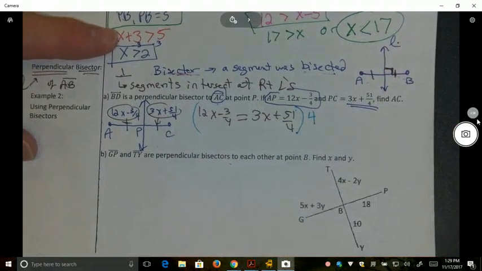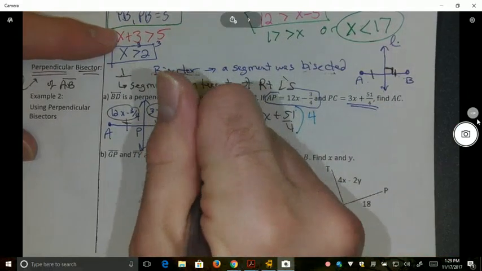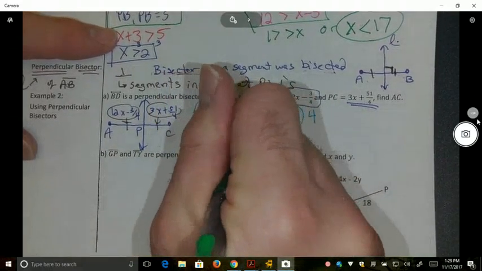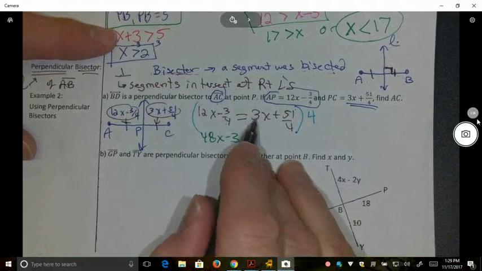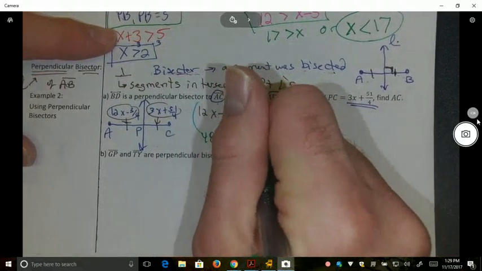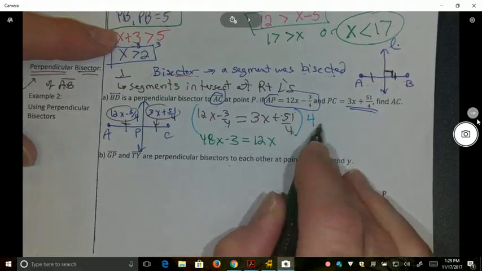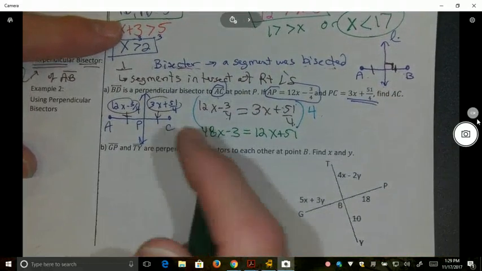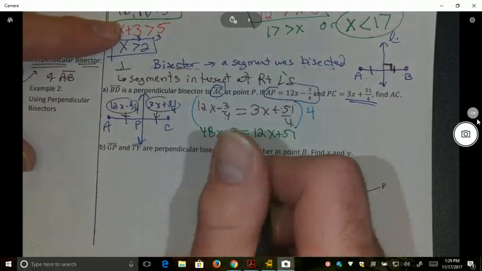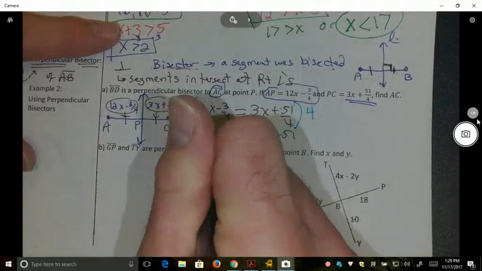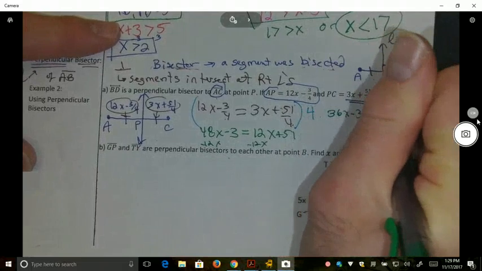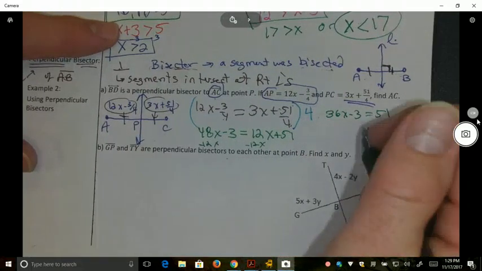Multiplying my 12x by 4 gives me 48x. Multiplying 3/4 by 4 gives me -3. Multiplying 3x by 4 gives me 12x, and multiplying 51/4 by 4 gives me positive 51. So now I'm ready to solve. Just going to get my x's to one side by subtracting 12x from both. I now have 36x minus 3 equals 51. I'm going to add 3 to both sides.